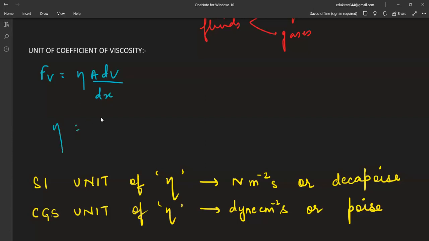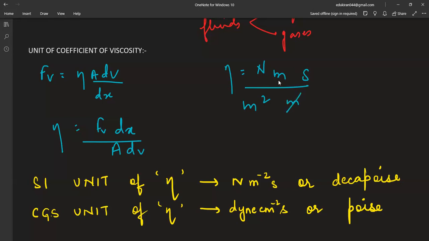So what is eta equal to? F into dx divided by area into dV. Put in the units. Force is Newton, dx is meter, area is meter square, velocity is meter per second. Second will go up. So what are we getting?